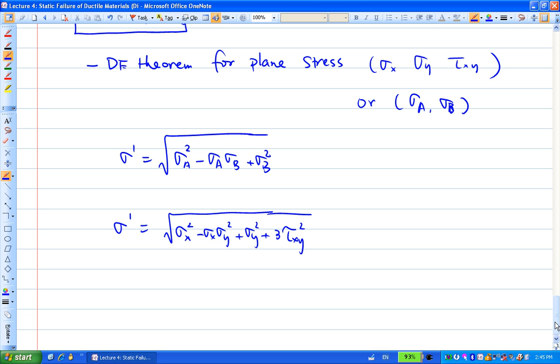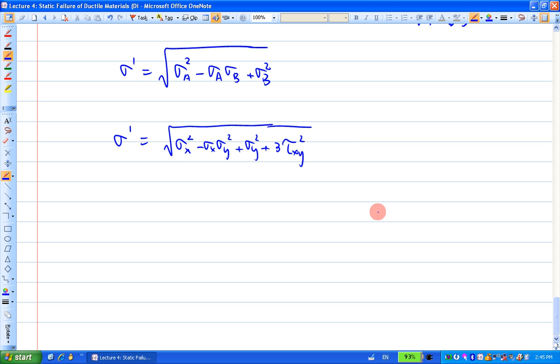All good. Lastly, graphically showing this DE theory. We'll use the graph to show this plane state of stress, with the same kind of approach as we did for the MSS theory.